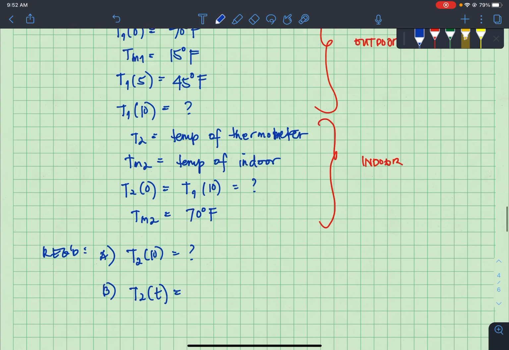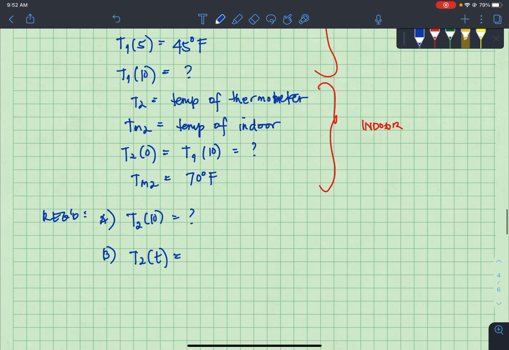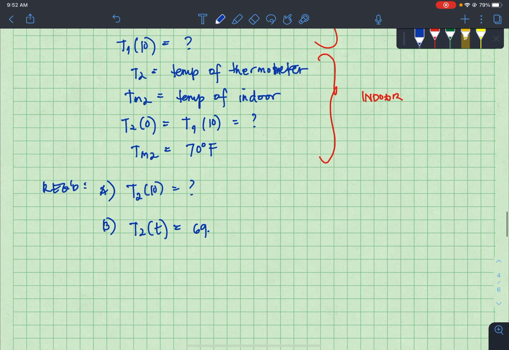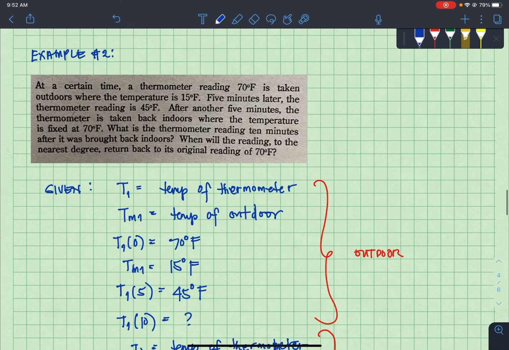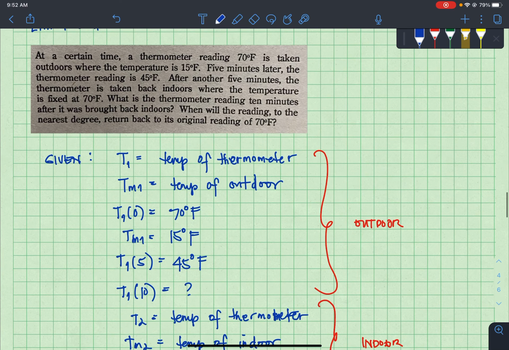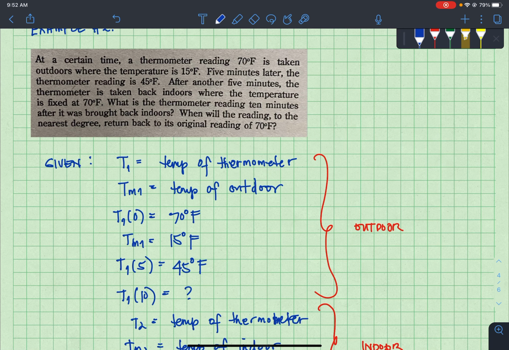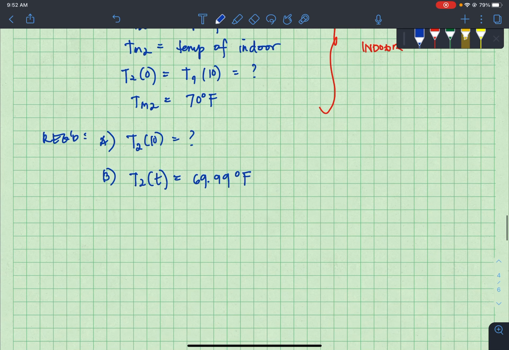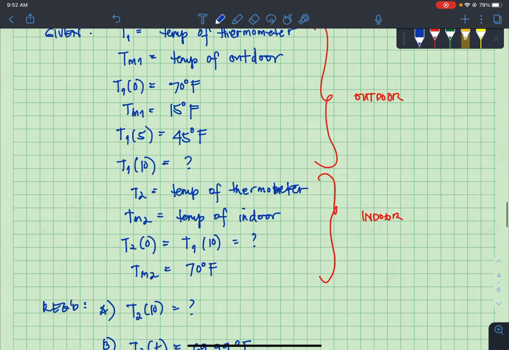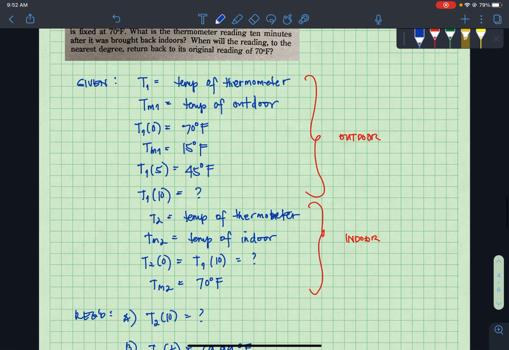Let's say the nearest degree to 70, I'm assuming that would be 69.99 degrees Fahrenheit, the closest to 70 degrees Fahrenheit. Because if that would be 70 approximately, that would be too ideal. So let's say 69.99.